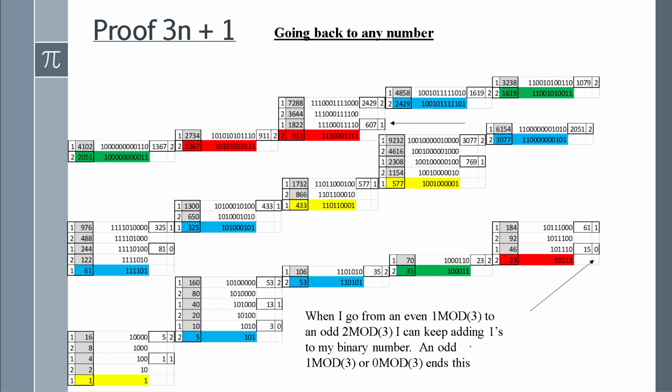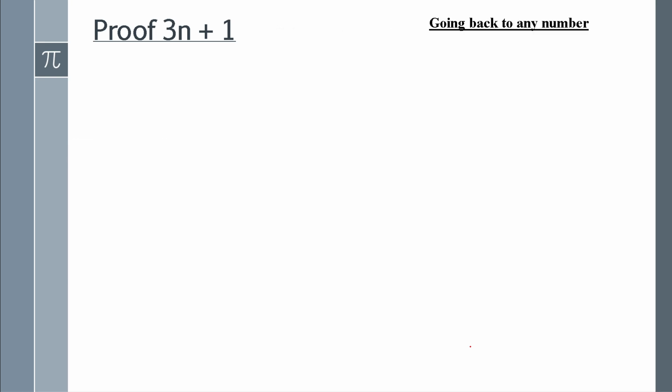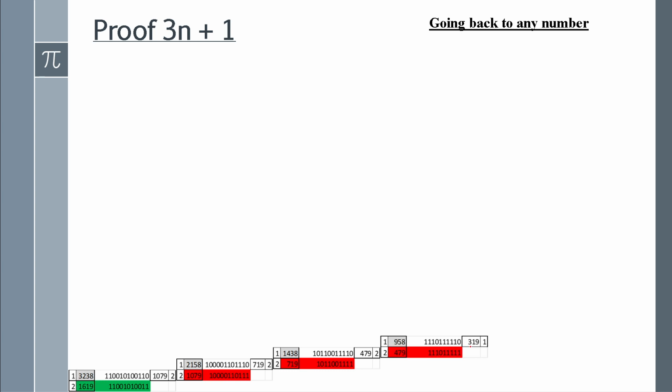So here we went from a 5 mod 8 to a 3 mod 8, and then we're going to do our 6, right, 319. So we did 6 steps of adding a 1 to the remainder.